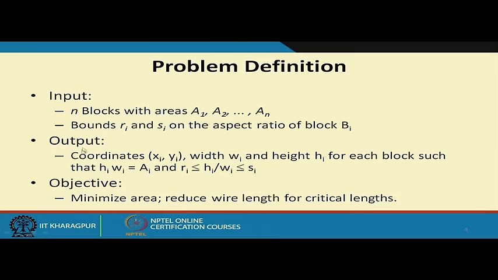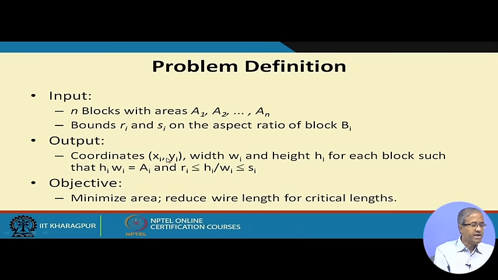So, the output will be the exact location of each block, and their widths and heights. For the fixed blocks, width and height are already known. For the flexible blocks, you will have to fix them up. Their product will be equal to their area, and of course, they will lie within the bounds of the aspect ratio Ri and Si.